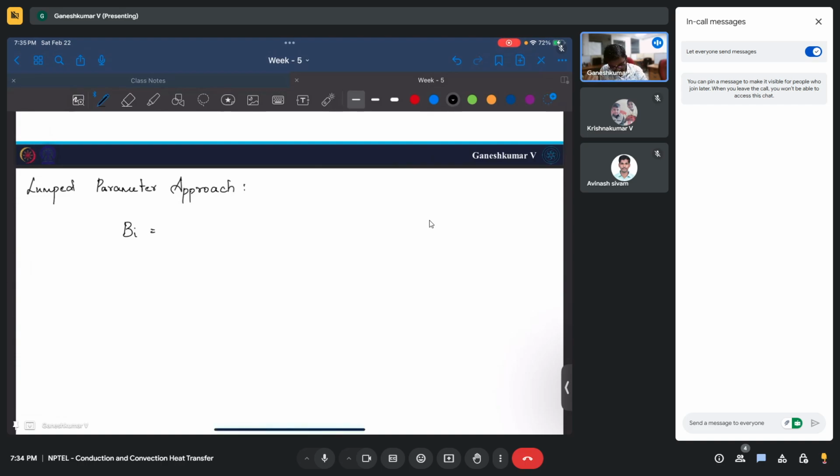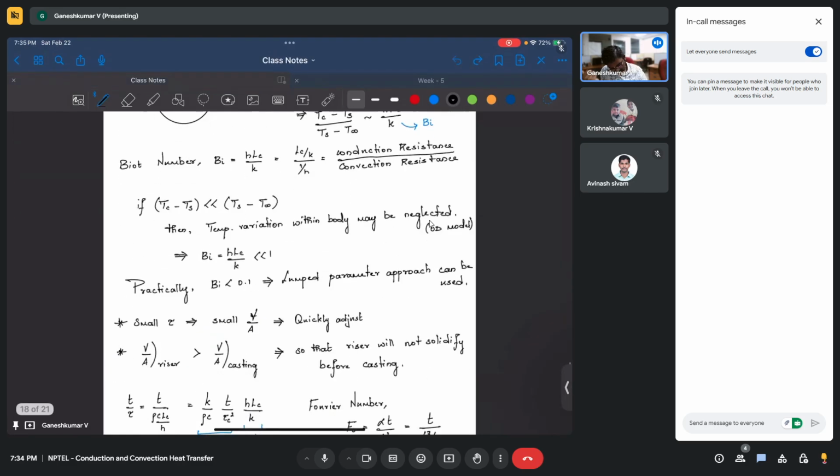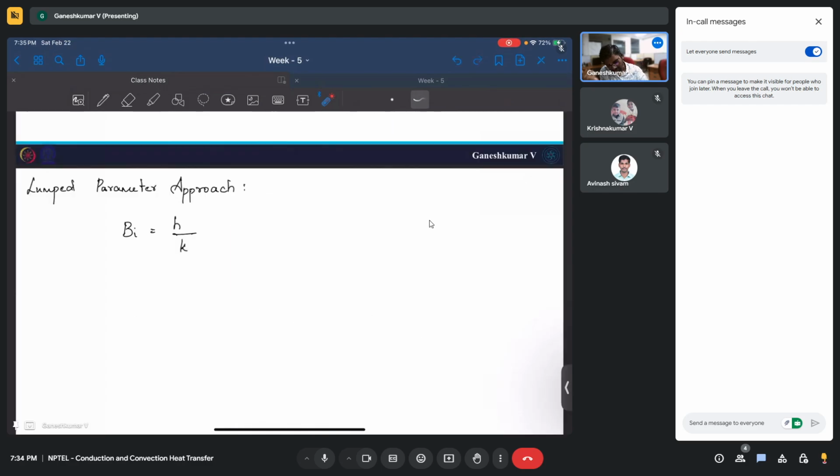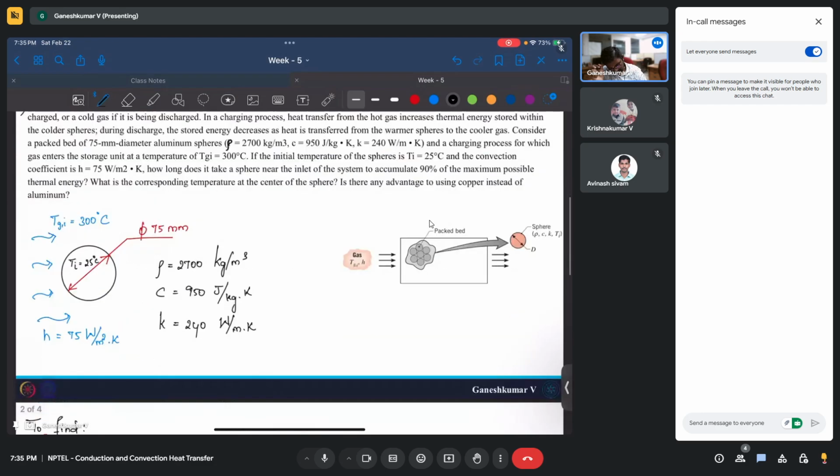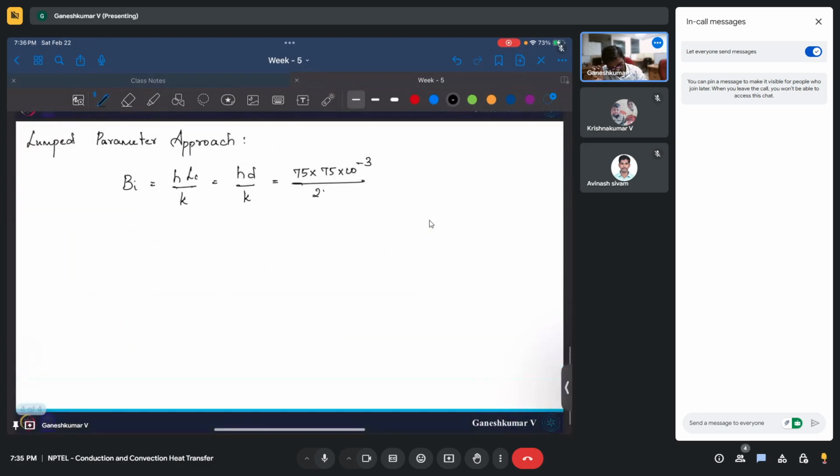The Biot number for this case would be h d by k. In the class, the Biot number used some characteristic length. Here the characteristic length would simply be the diameter, because that is our region of interest, right? h d by k. We already know h is 75, d is 75 times 10 to the power minus 3 meters, divided by k, and k is 240 watt per meter Kelvin.